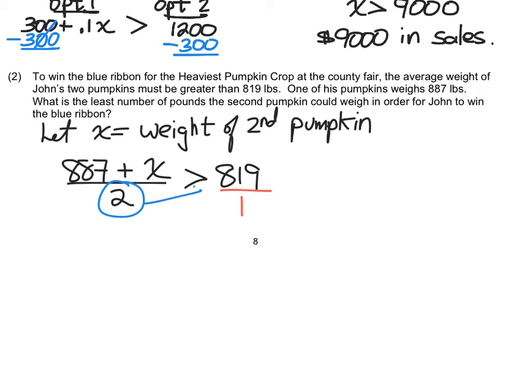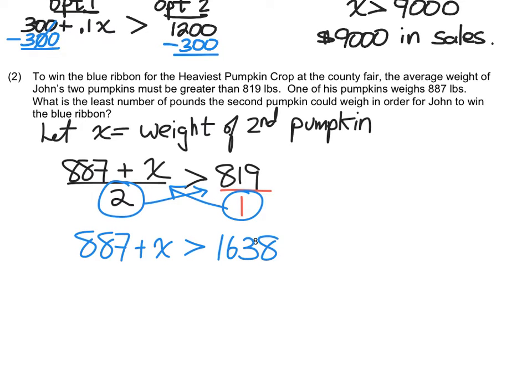When you cross multiply, you drag the bottom up to the top. So 1 multiplied by 887 plus x will be greater than 1638. 819 times 2 is 1638, right? Yes.